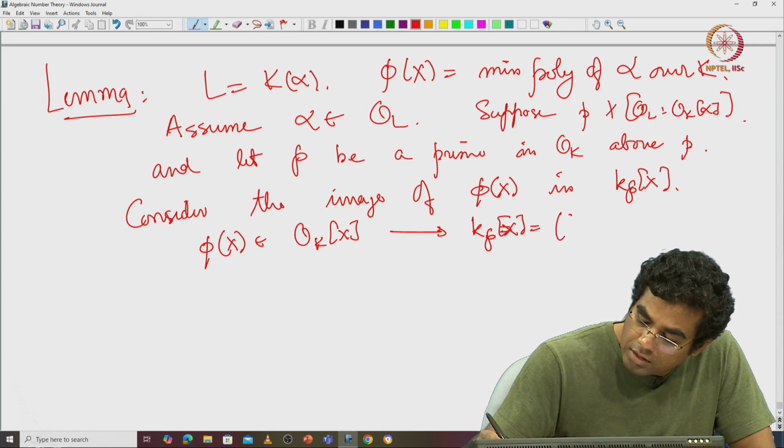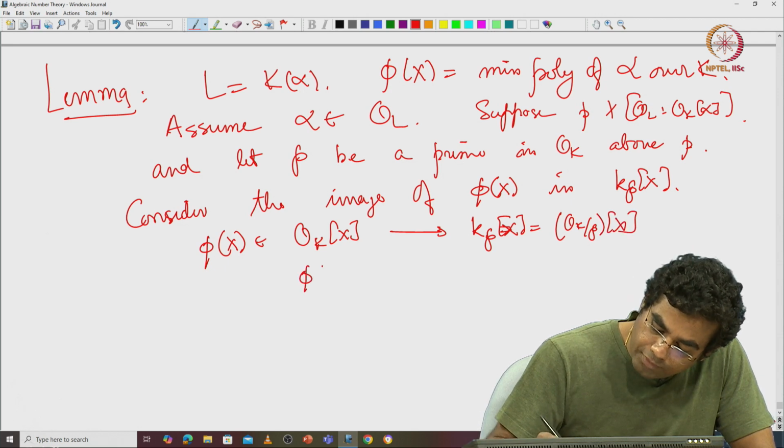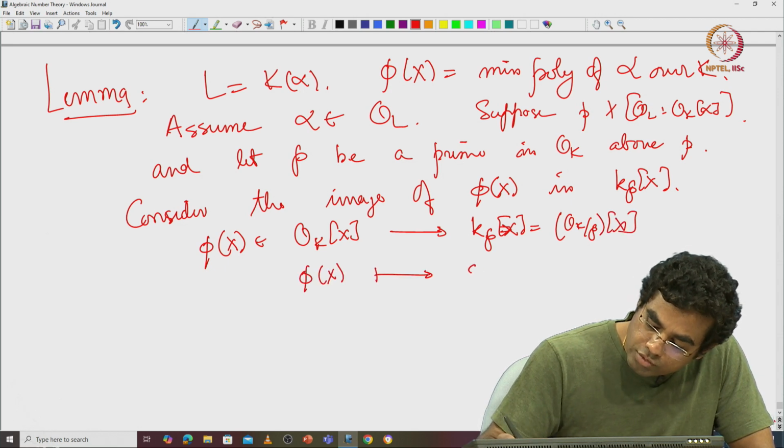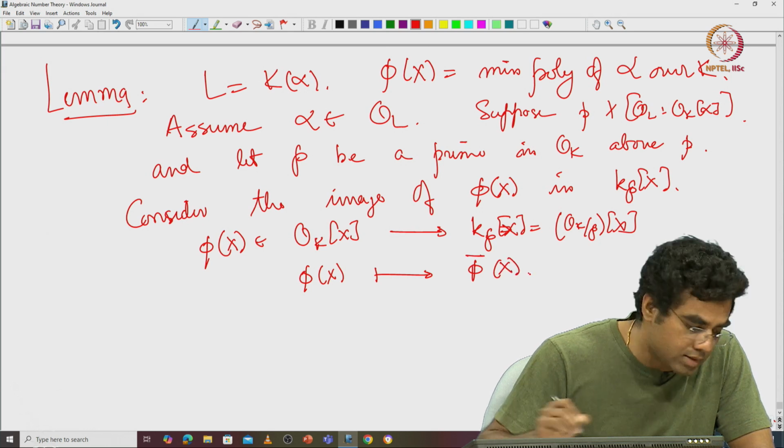This is just (O_K mod P)[x]. And so, phi(x) here goes to, I will call it, phi bar(x).